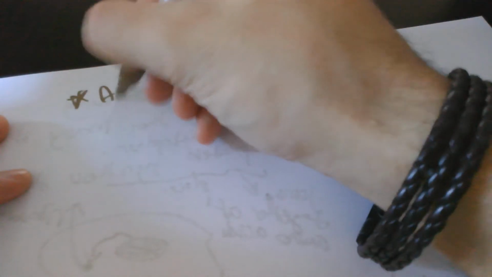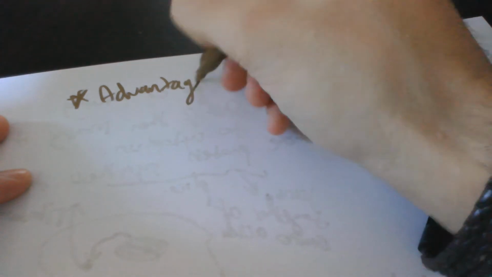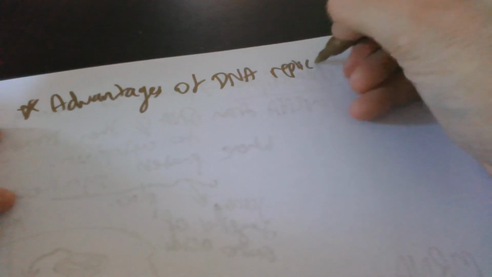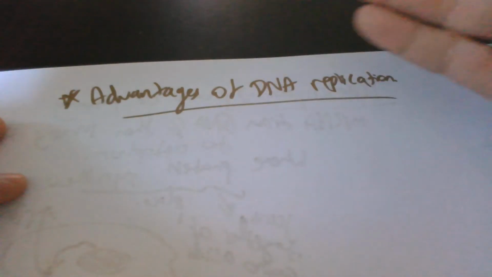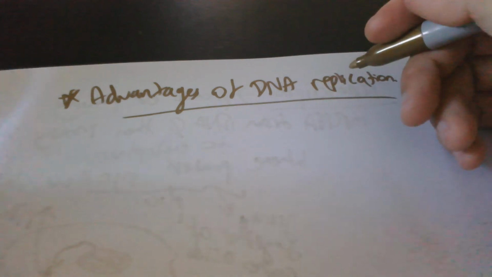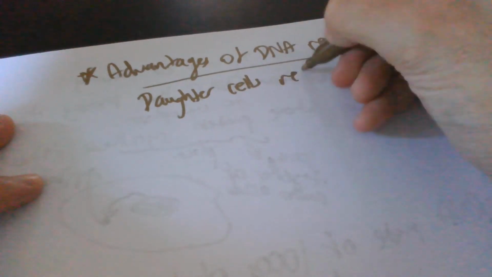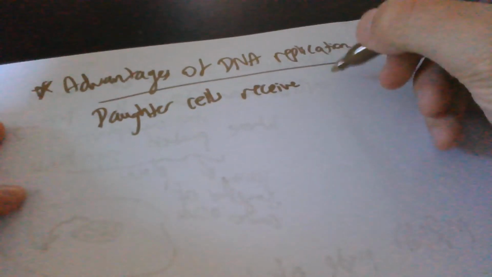There's one more thing I want to talk about. I'm going to talk about the advantages of DNA replication. In other words, the advantages of DNA replicating exactly. Okay, so basically in this case, remember the daughter cells receive an exact copy.